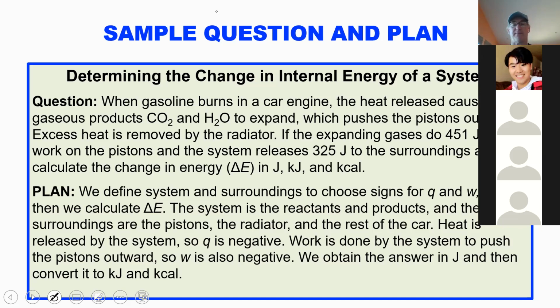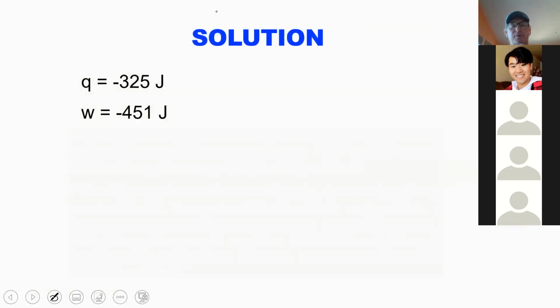Work is also done by the system. So Q is negative because it's being released into the surroundings, and W is also negative because work is being done by the system to the surroundings. So what do we do? Here's our Q. Q is minus 325 joules.